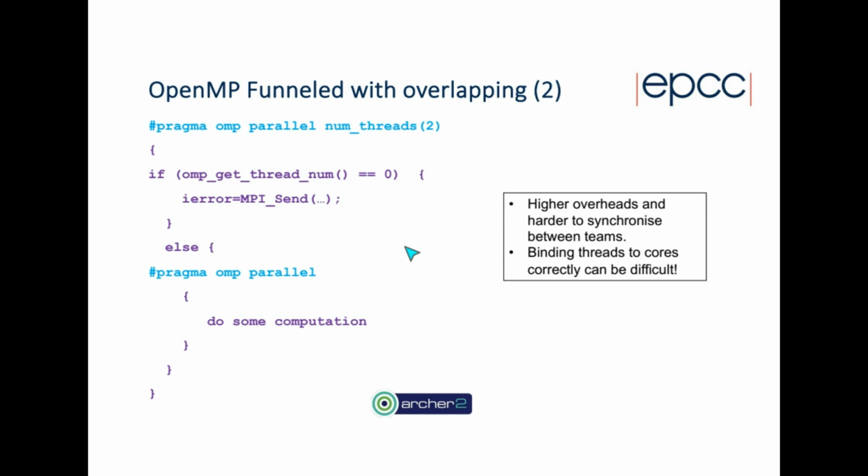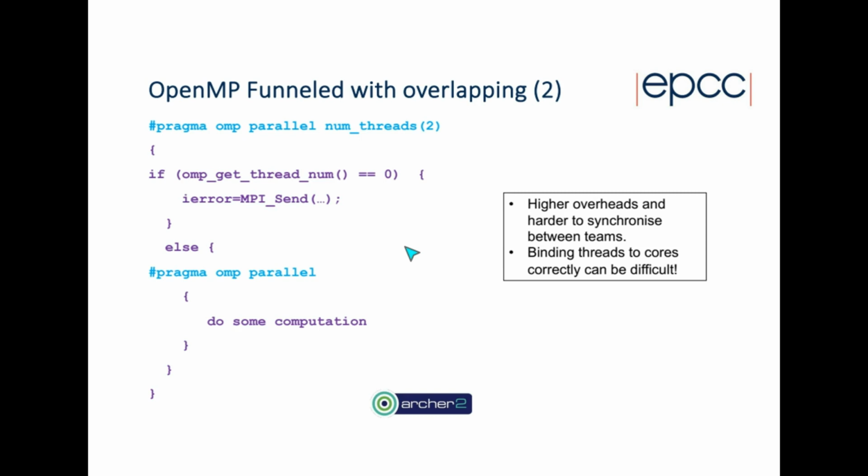There is a workaround. Instead of setting OMP places equals cores, you can set OMP places equals sockets, which lets your threads run everywhere, and you just have to cross your fingers and hope that your threads are not going to migrate around too much. It seems to work okay, but it's not a particularly satisfactory solution.